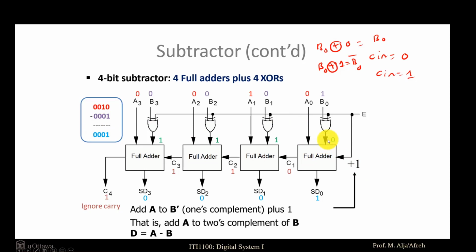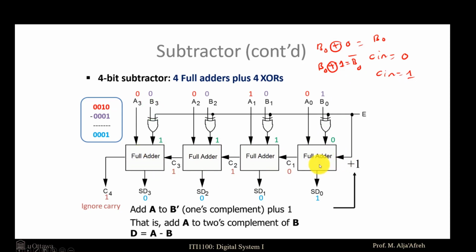So 1 XORed with 1 will give you 0, 0 XORed with 1 will give you 1, and 0 XORed with 1 will give you 1, and 0 XORed with 1 will give you 1. So basically it's like an inversion because we are doing this. Okay, guys? So what will happen then?